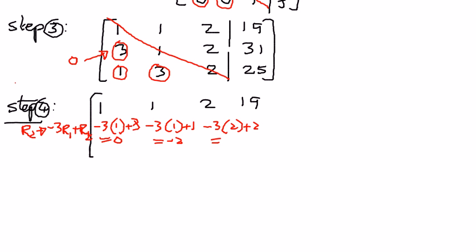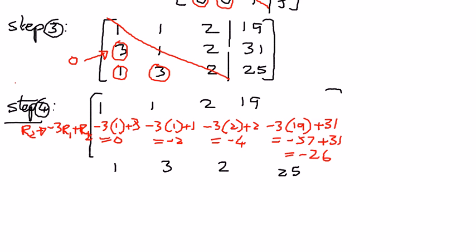Negative 3 times 2 is negative 6. Negative 6 plus 2 is negative 4. And then negative 3 times 19 plus 31. Negative 3 times 19 is negative 57 plus 31, which is equal to negative 26. And the third row comes down as is. So the third row is 1, 3, 2, and 25. So this is what we have.